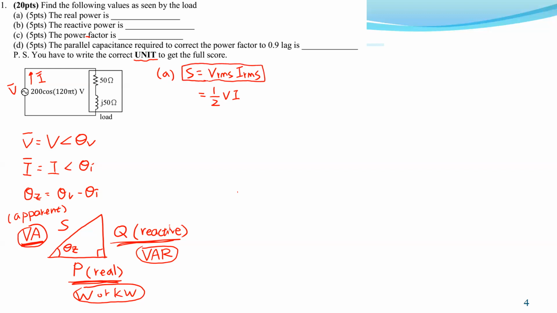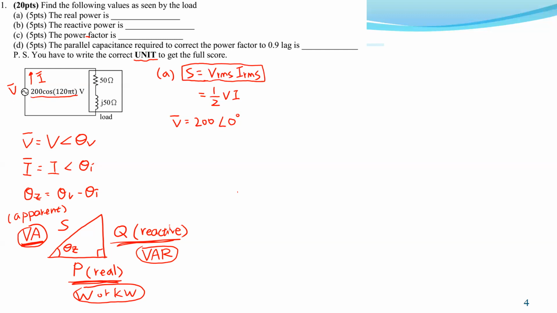We need to find the phasor of voltage and the phasor of current first. The phasor of voltage here, because it is cosine, has a 0-degree phase angle. So V equals 200, its amplitude, and 0 degrees.